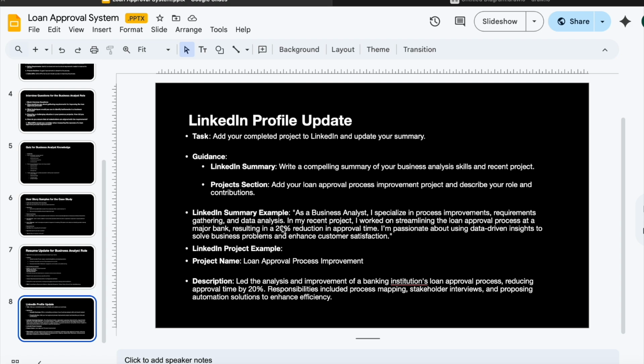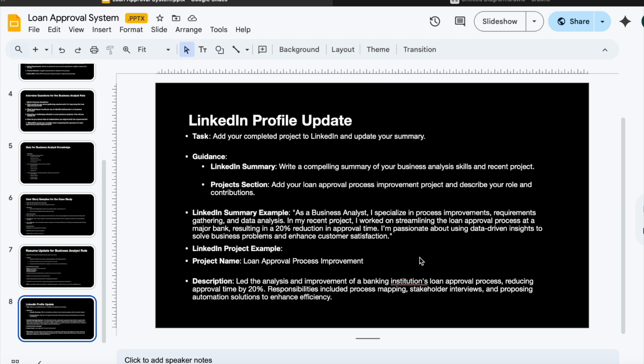In my recent project, I worked on streamlining the loan approval process at a major bank or financial institution, resulting in, whatever the percentage, reduced approval time, right? And you can write, I'm fascinated by solving complex business problems and enhancing the customer experience through data-driven decisions.